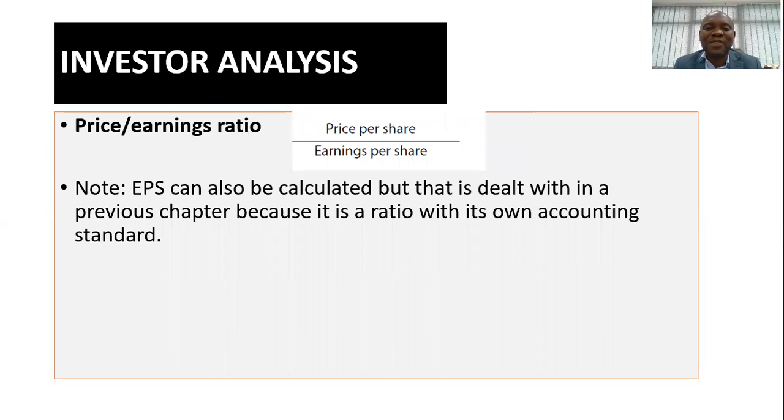Here, if your price earnings ratio is going up, it shows the appetite, it shows the confidence that the investors have in your company, because it means that your market price per share is higher than your earnings per share. Your earnings per share is based on the balance sheet and income statement data, which is historical.